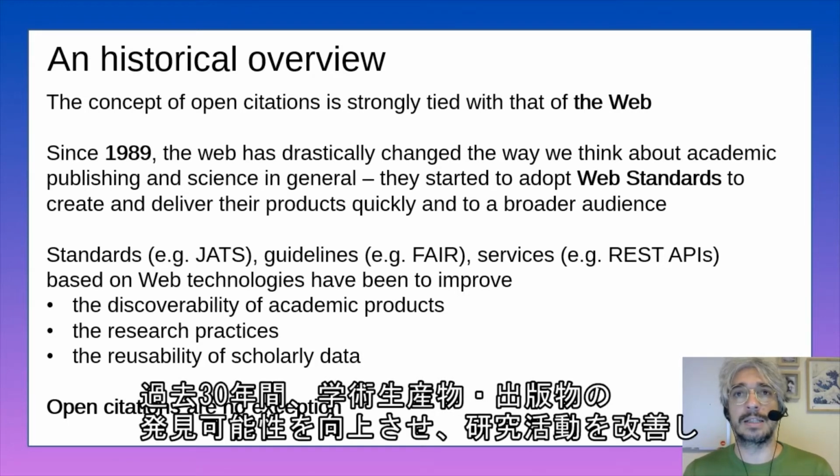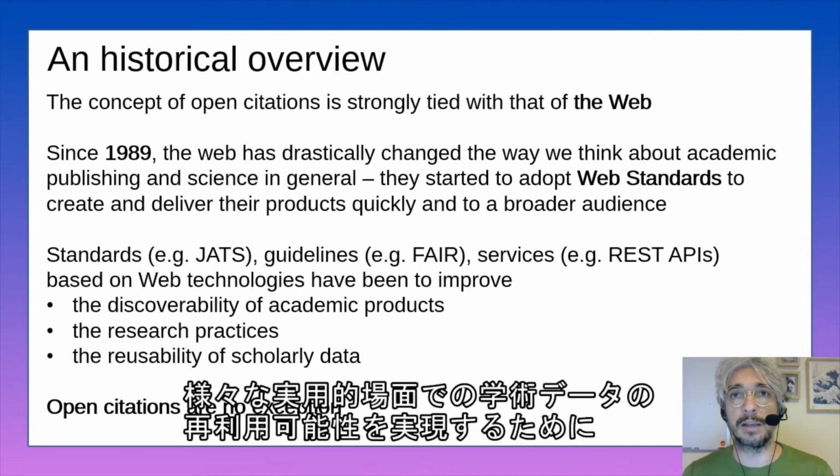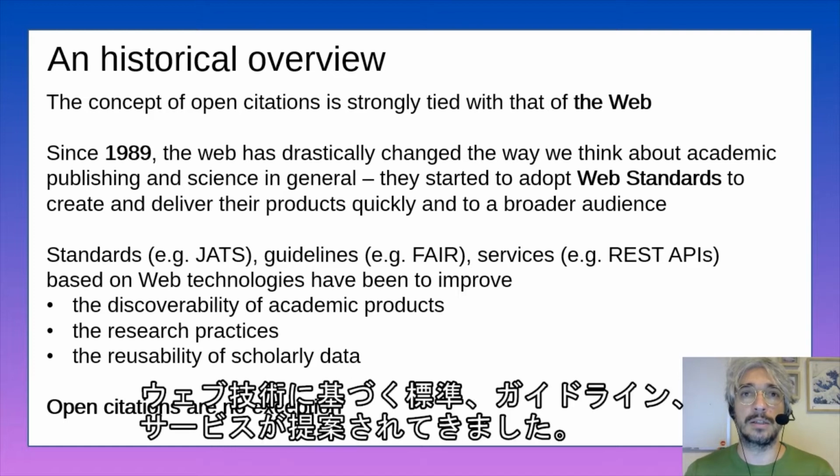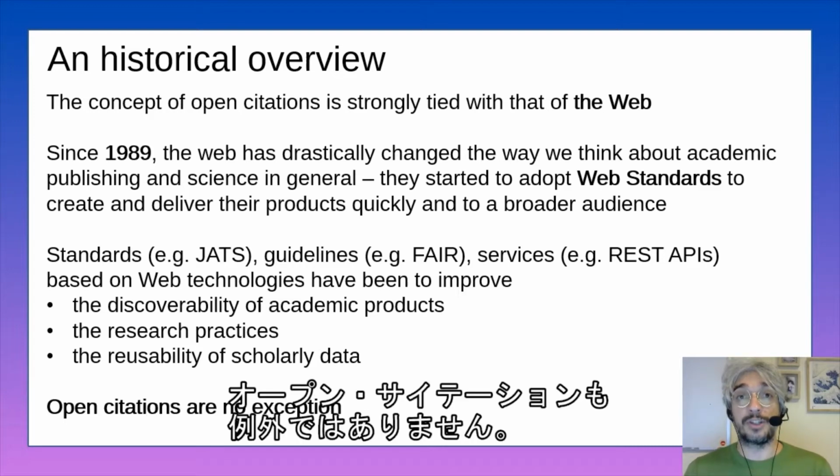Standards, guidelines, and services based on web technologies have been proposed in the past 30 years to improve discoverability of academic products and publications, and also to improve research practices and to allow reusability of scholarly data in different applicative contexts. Open citations are no exception.